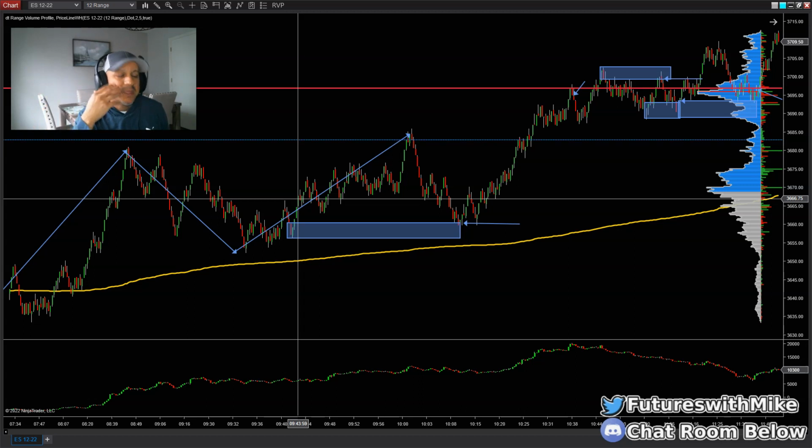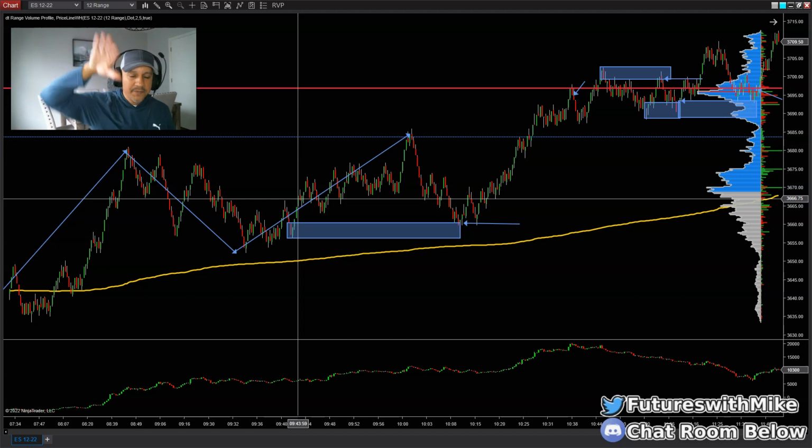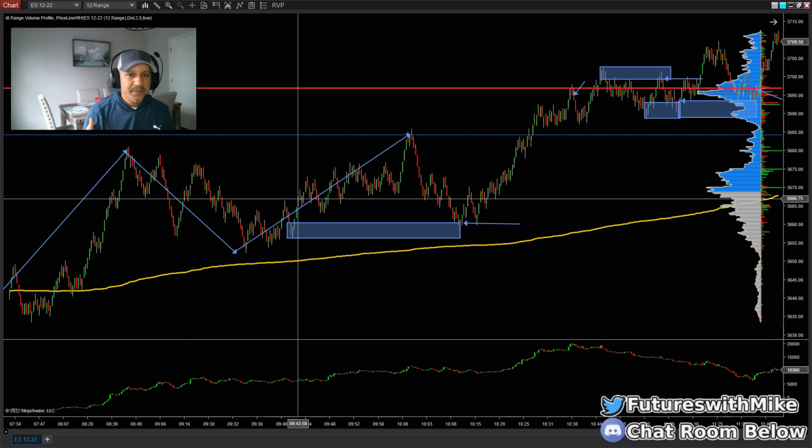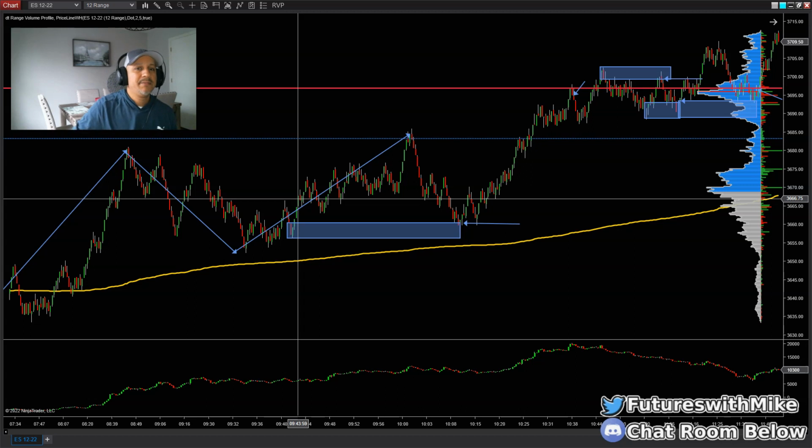Yeah, you could look at it that way, and you definitely should, because the bigger the actual swing, say price makes a big swing to the upside with lots of momentum, and then price does not come back to the bottom of that swing, a key identified demand area, well, guess what? It's a waiting game for price to come back to it, and when it does, you're probably going to get a greater chance of rejection in that area because of the major push of aggressive buying that came out of it.